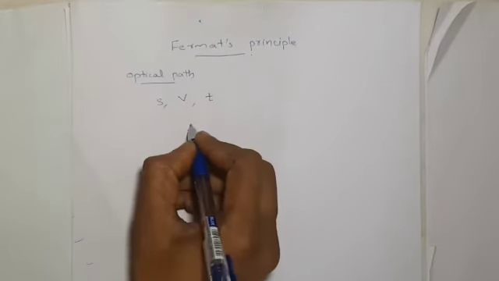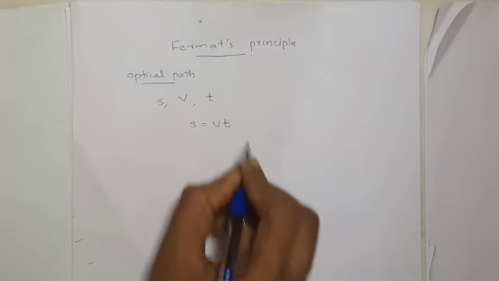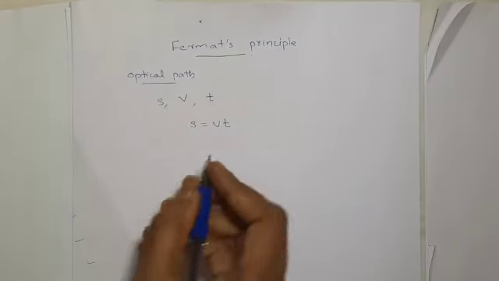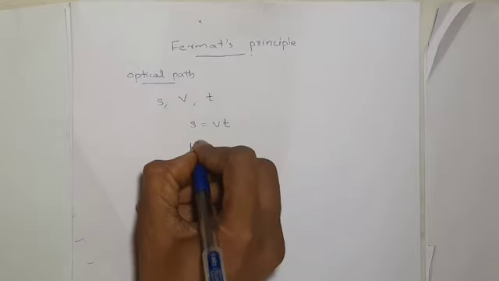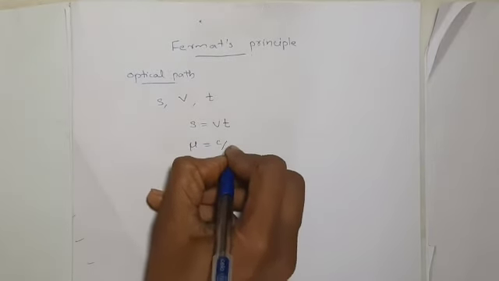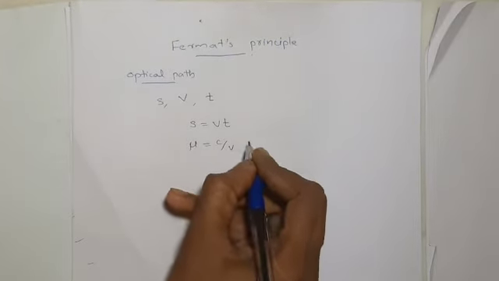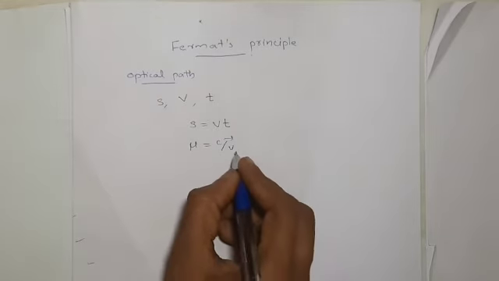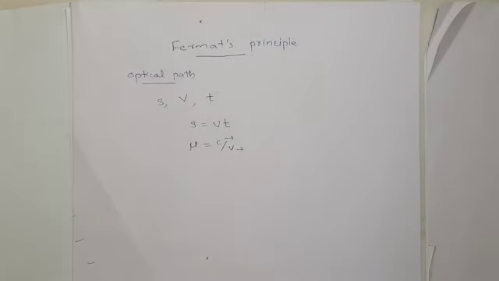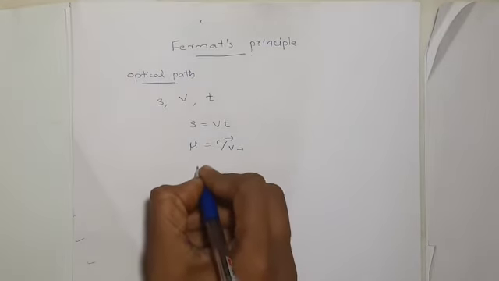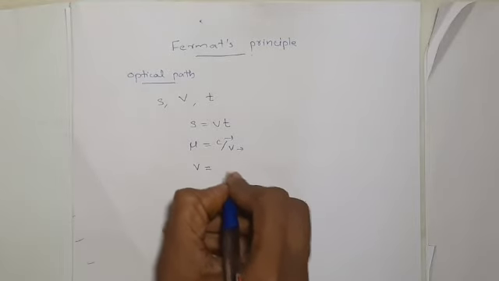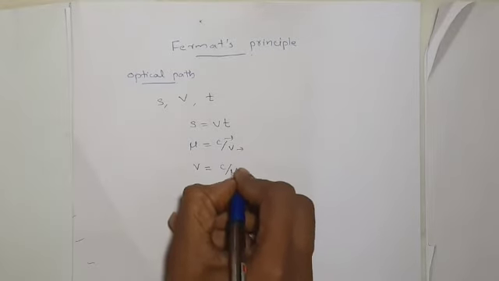So we can write S is equal to vt. From the definition of refractive index, we know mu is equal to c by v, where c is the velocity of light in vacuum and v is the velocity of light in the medium. So from this equation, we can write v is equal to c by mu.